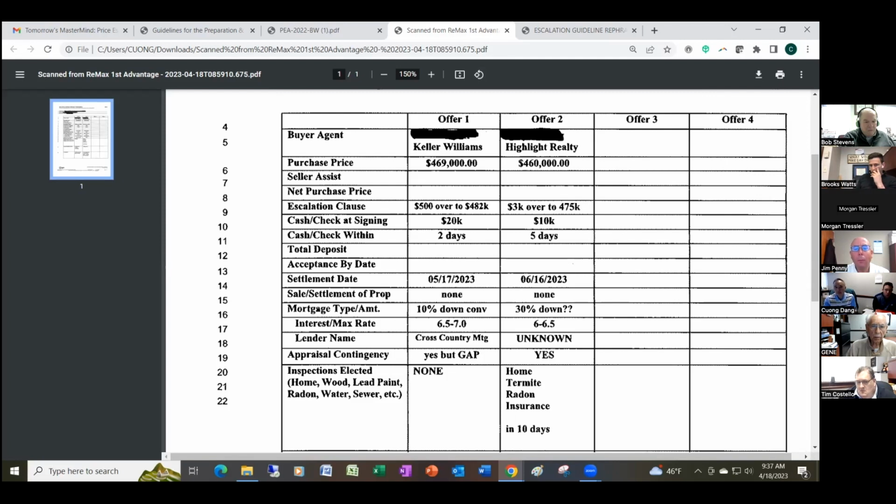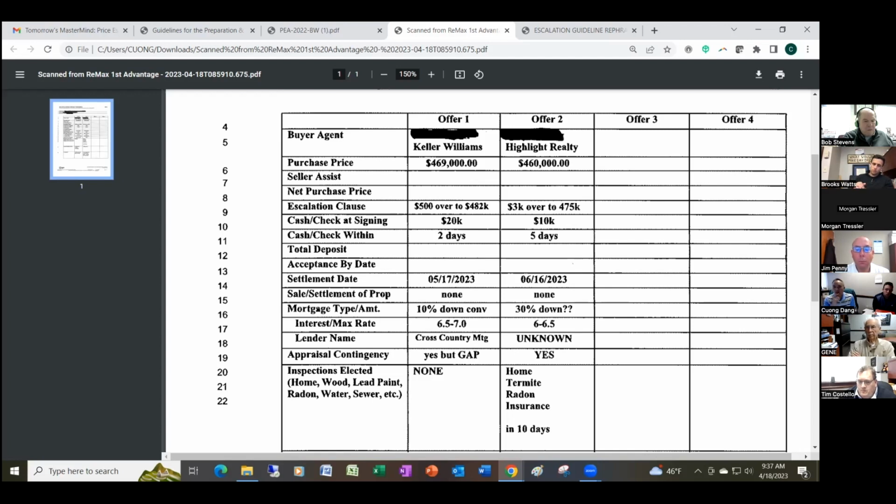Yep. You take offer number two to the maximum, you go to their maximum escalation, you go back to offer number one, you add the $500, and you could sell it to offer number one for 475,500. Anybody question that?